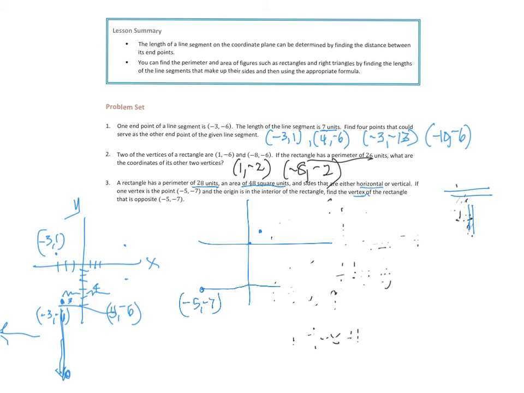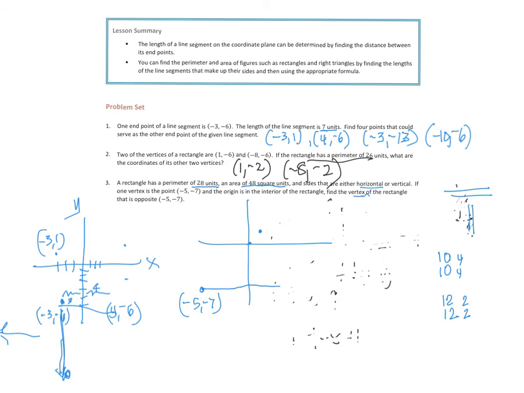Well, let's see, 28. If I had 10 and 10, it's 20, and 4 and 4. But then if I go 10 times 4, that's only 48. So what if I go 12 and 12? 12 and 12 is 24.